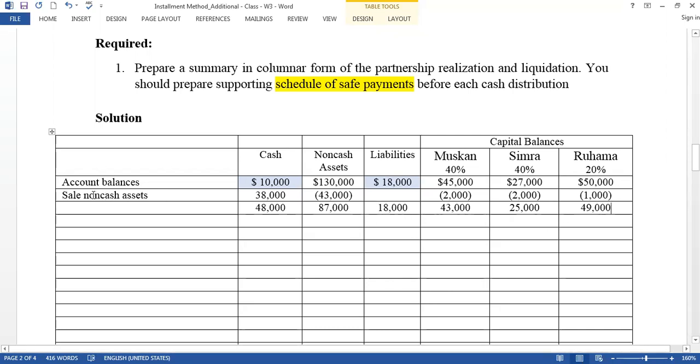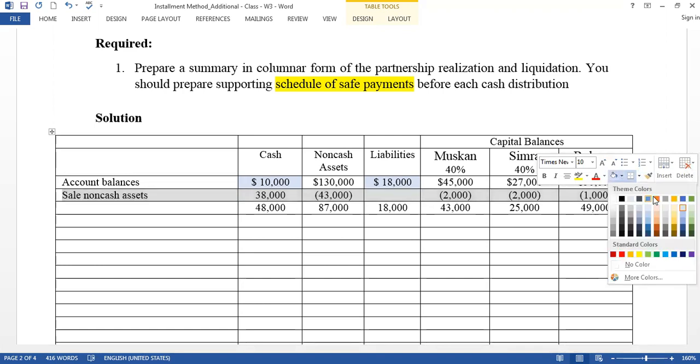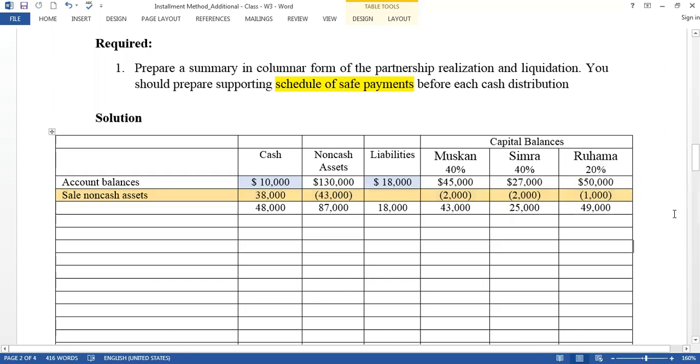Yes. Now first I am going to show you the journal entries for this part. Journal entries for this part. We sell our non-cash asset and we allocate gain or losses. Okay, so let me show it.